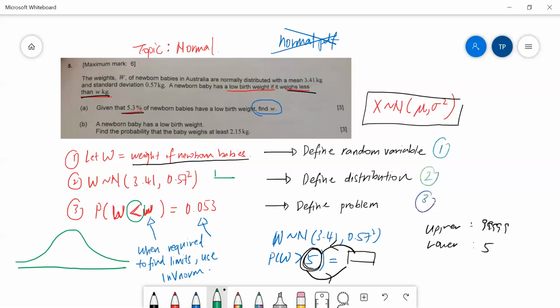What we know from the distribution here is that the mean is 3.41.